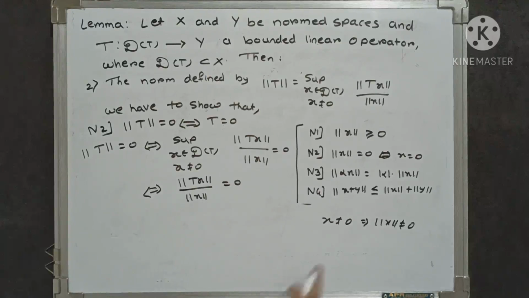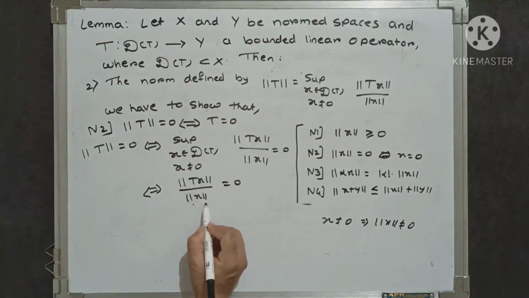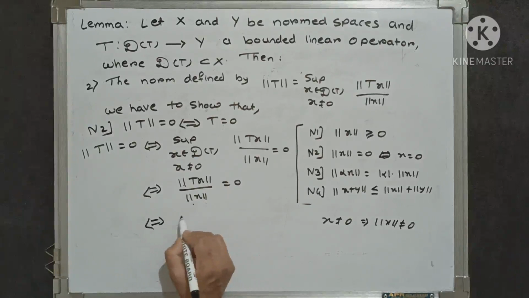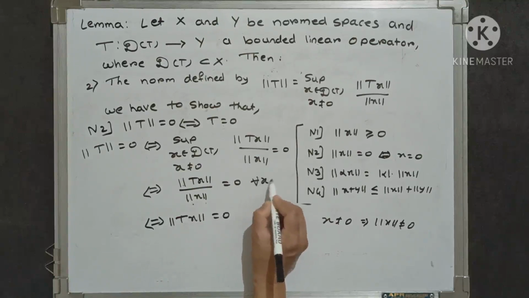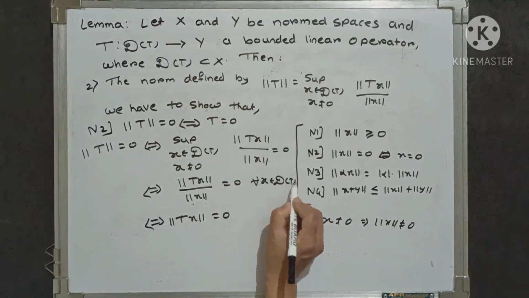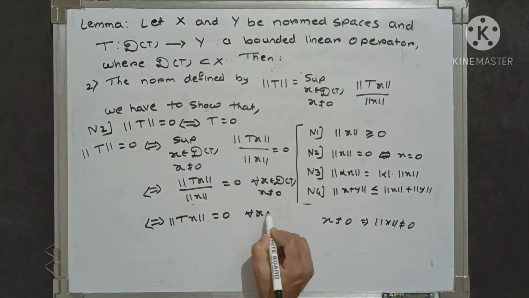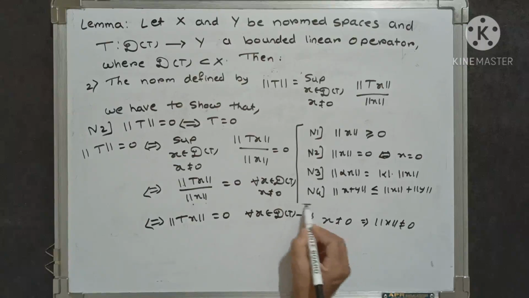But again here x is not equal to 0, therefore norm of x is not equal to 0, and therefore norm of Tx divided by norm of x equals 0 if and only if norm of Tx equals 0, and it is true for all x belongs to D(T) with x not equal to 0. It is also true for all x belongs to D(T) minus singleton 0.